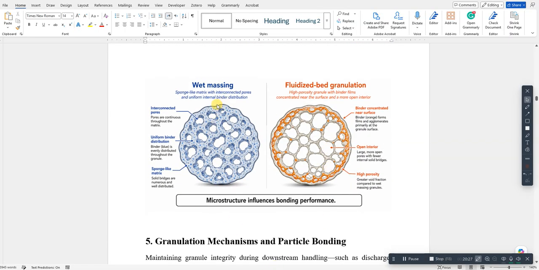This is the wet massing conventional method. You will see that the binder is distributed all over the granules, while in fluidized bed and similarly in spray drying, you have most of the binder on the surface.